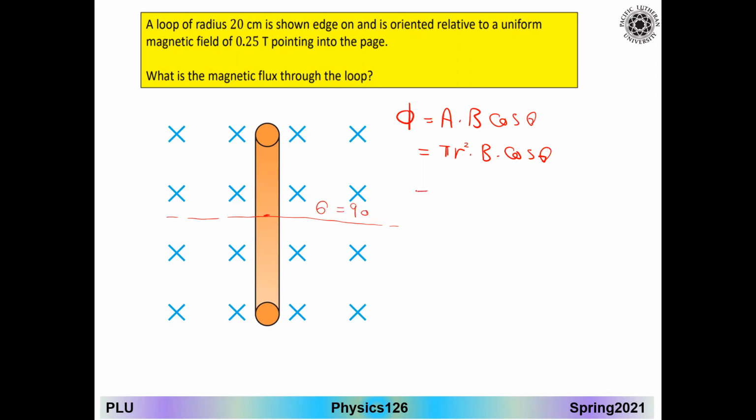So from here, it is magnetic flux equals pi r squared times B times cosine 90 degrees.